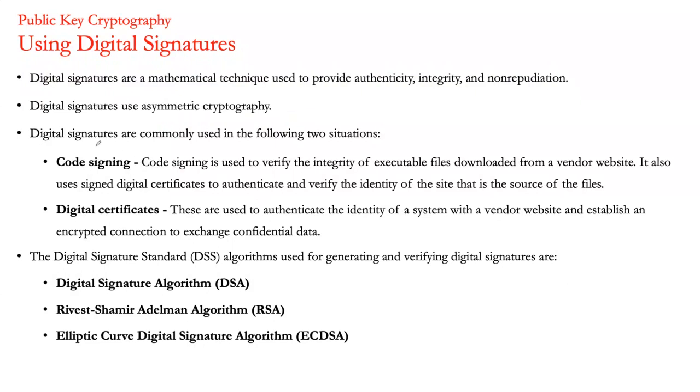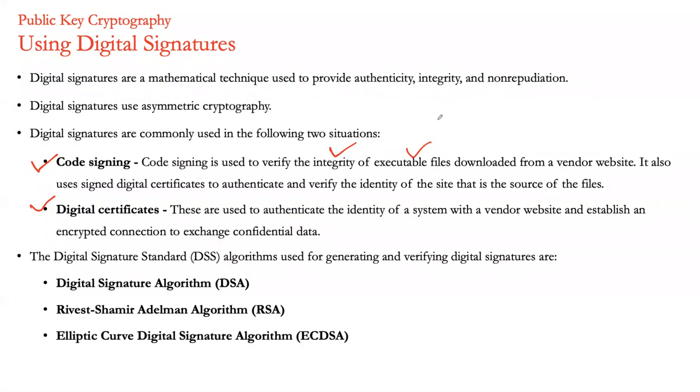These digital signatures are commonly used in two situations: code signing and digital certificates. Code signing is used to verify the integrity of executable files downloaded from the vendor's website.